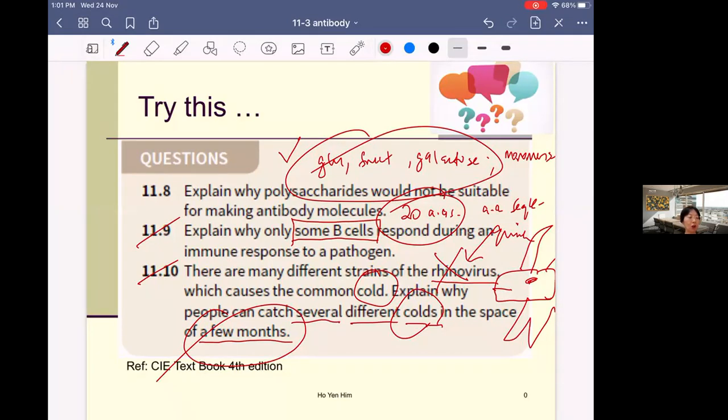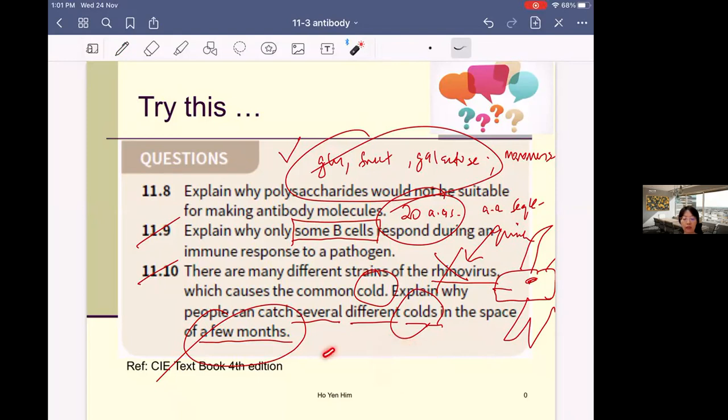Martin says that because we only have immunity against one strain of the virus. Different strains of the virus have different antigens. Very good. So there are many different strains of virus that can cause flu. Say this particular strain enters your body, the antigen is this shape. Next time another virus enters, the antigen is triangular.